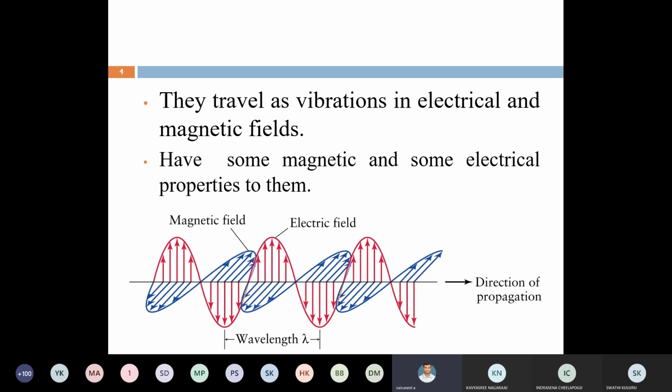You know this concept from electrical technology, where the motor runs based upon this. The same concept is used in communication also. Both fields are perpendicular to each other with respect to the propagation of a signal in a particular direction.